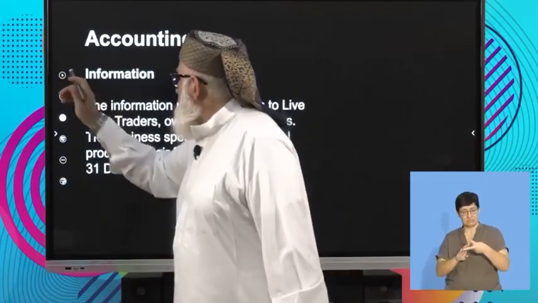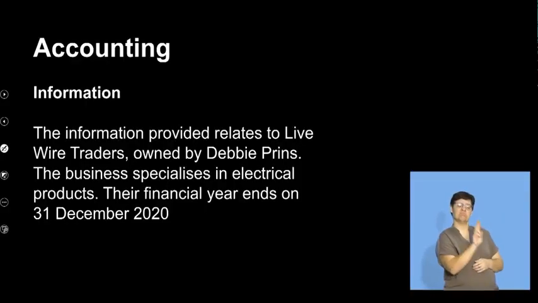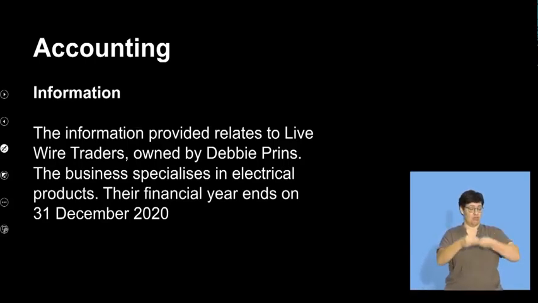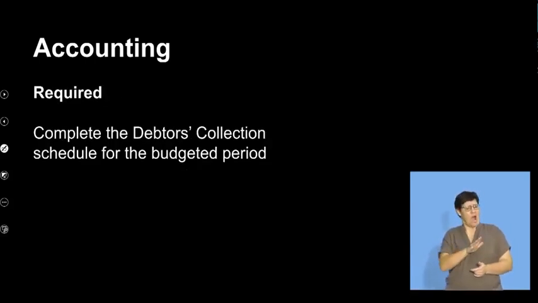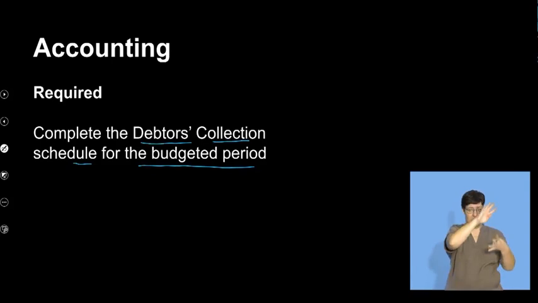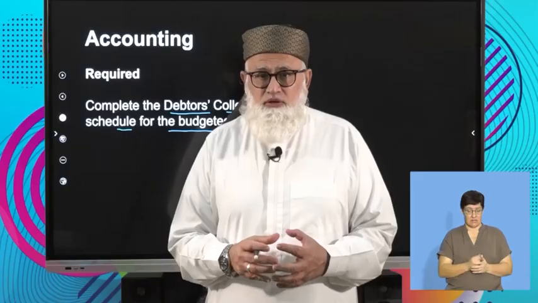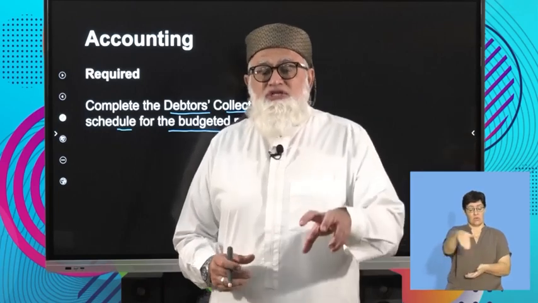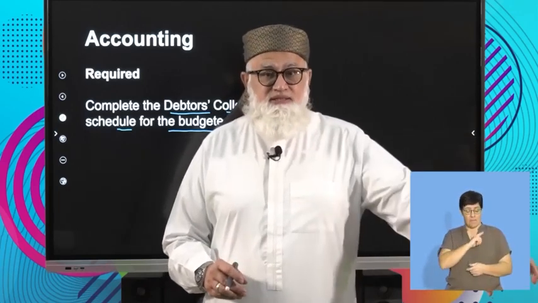When we go into the question, we see that again we're dealing with the business, Livewire Traders. What is required of us now? We are expected to complete the debtors collection schedule for the budgeted period. Remember, your debtors collection schedule, a quick recap, is based on credit sales, number one.